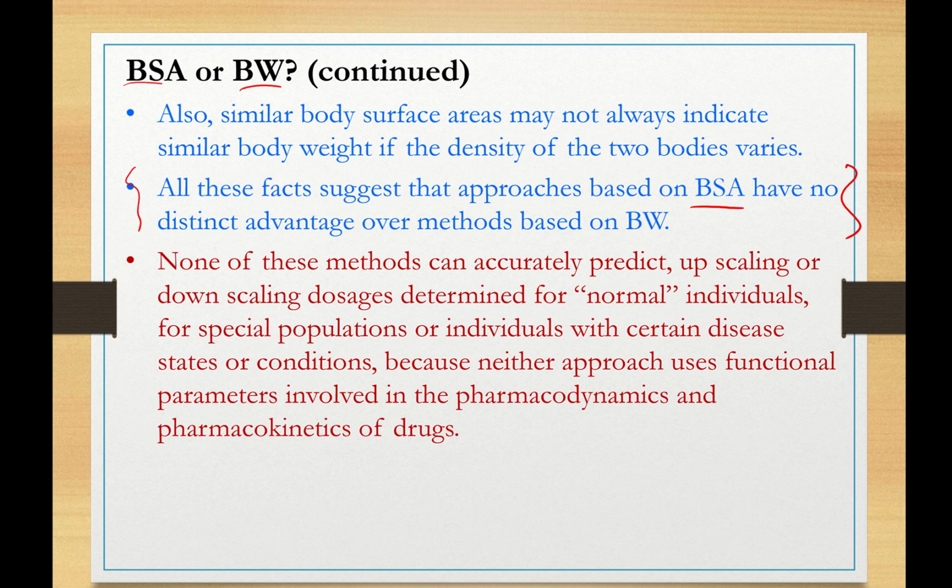On some occasions, body weight could actually be better than body surface area. None of these methods can actually predict scaling up or scaling down. They are just determined for normal individuals, not for special populations or individuals with certain disease states or conditions, because neither approach uses functional parameters involved in pharmacokinetics. So this is the truth. All right.